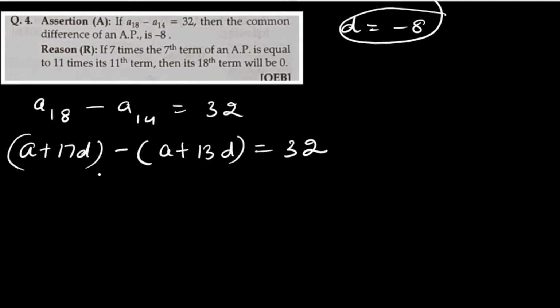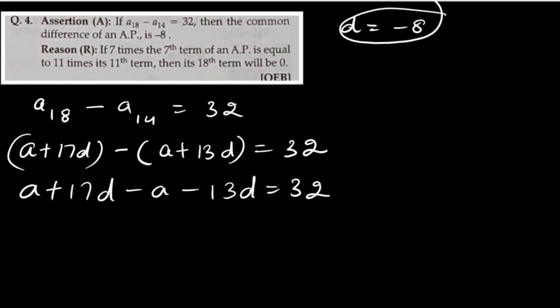From here we have to calculate D. So A plus 17D minus A minus 13D is equal to 32, because when minus is outside the bracket you have to change the inner sign. So A and A will get cancelled. 17 minus 13 is 4D. 7 minus 3 is 4, 1 minus 1 is 0. Yes, 4D is equal to 32.